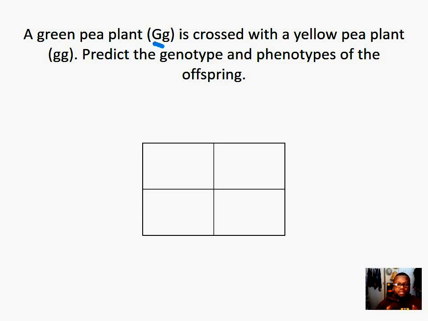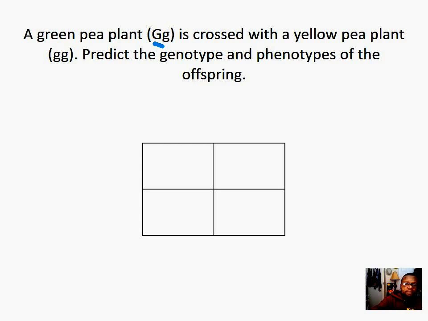Please don't get lost: just because yellow is here, that doesn't mean we have a small y. The lowercase letter is the lowercase of the dominant trait. The dominant trait here is green, and therefore we use G, and to represent yellow, we use lowercase g.